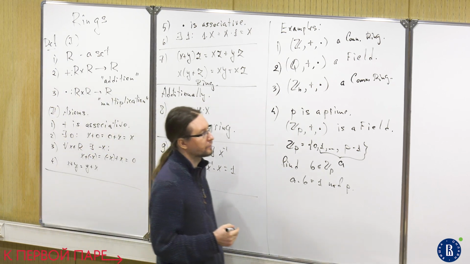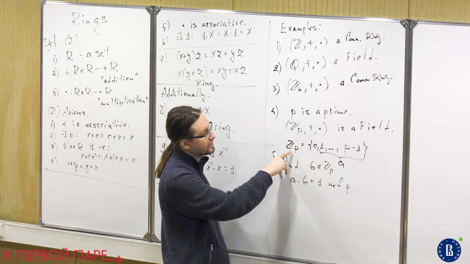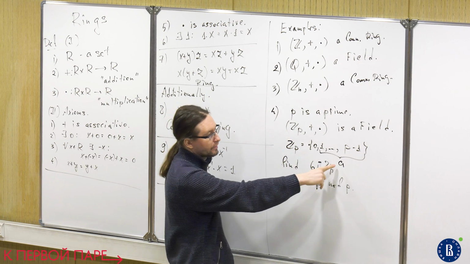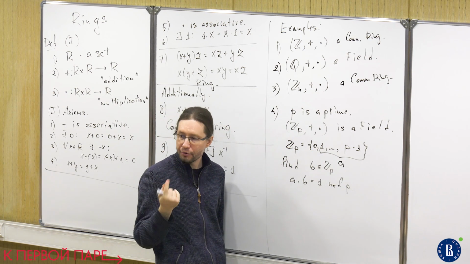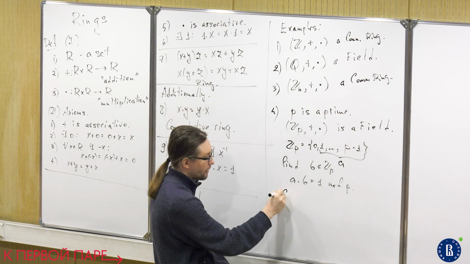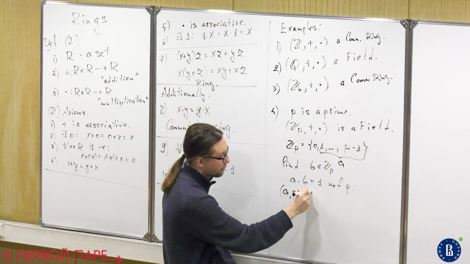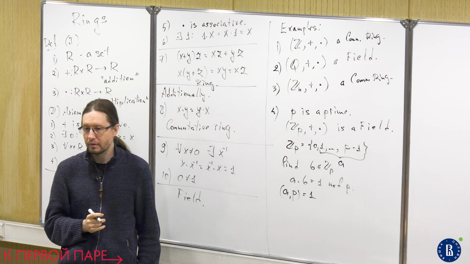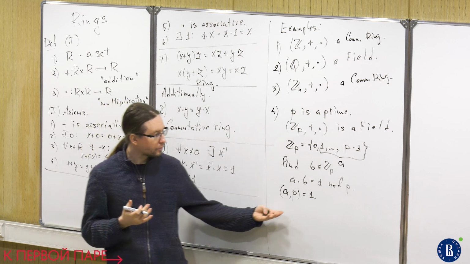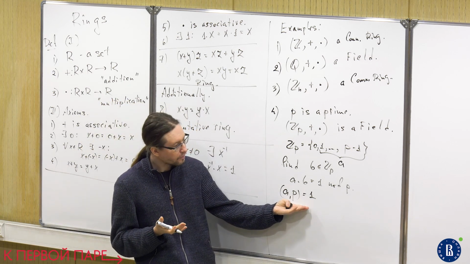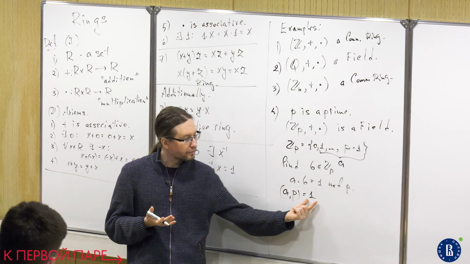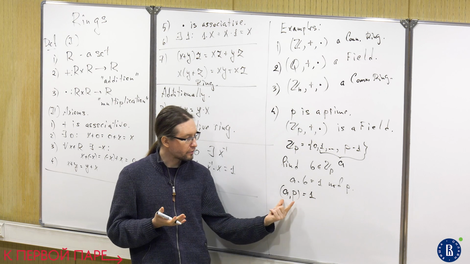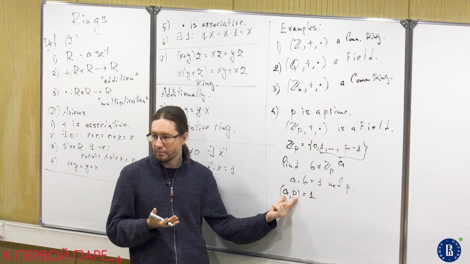So how to find it? Since p is prime, then A from 1 to p minus 1 is coprime with p. So A and p are coprime. Now, this is the usual hack. When you're given two coprime numbers, you can represent the GCD as a linear combination of these two numbers.